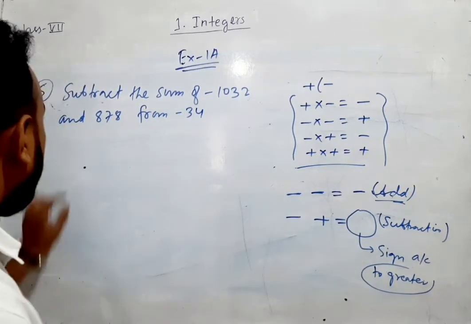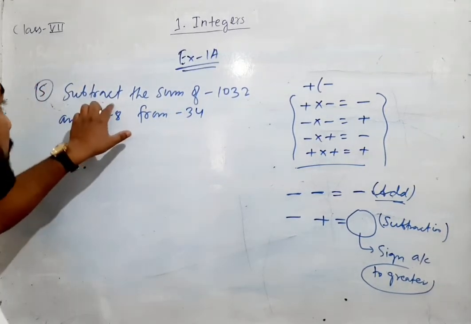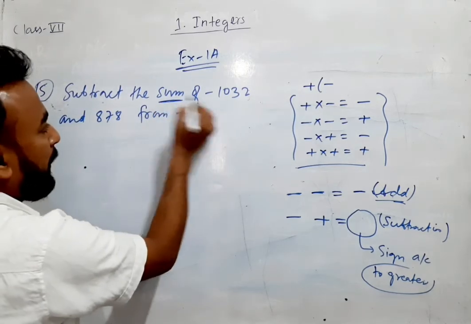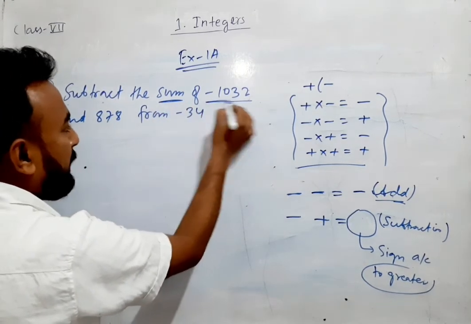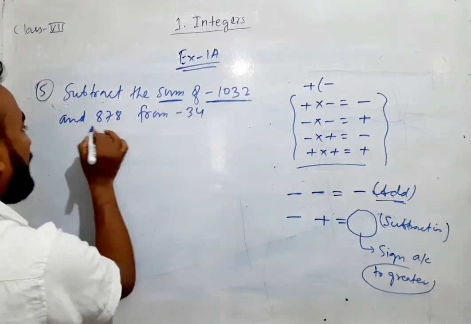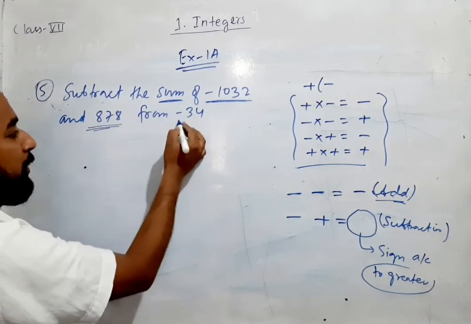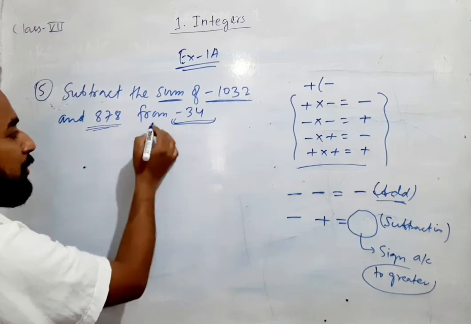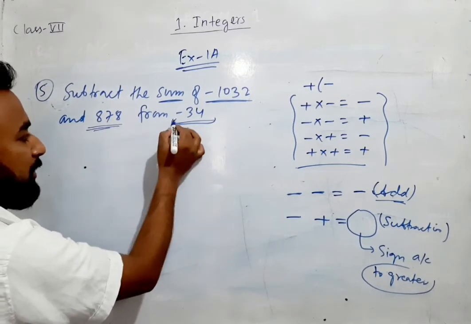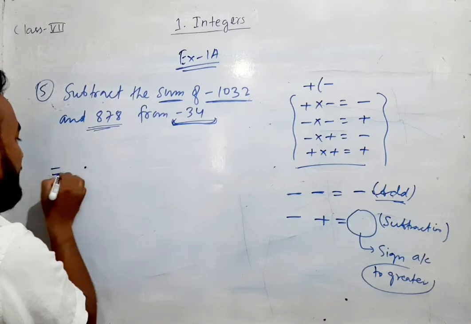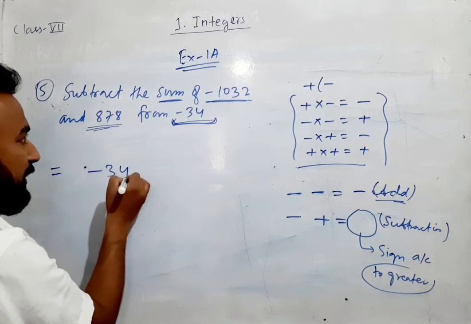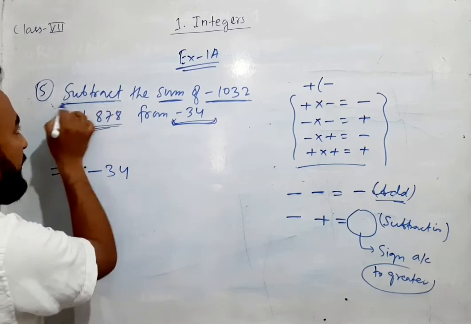See, here you have to subtract the sum of, first of all you have to add minus 1032 and 878, then subtract the answer from minus 34. So after "from" you have to write it on the left side, and what you have to perform here is subtraction.